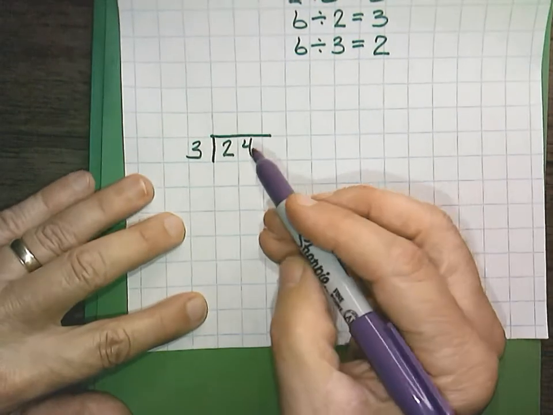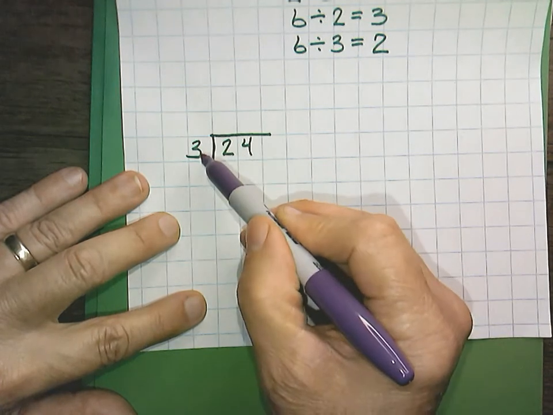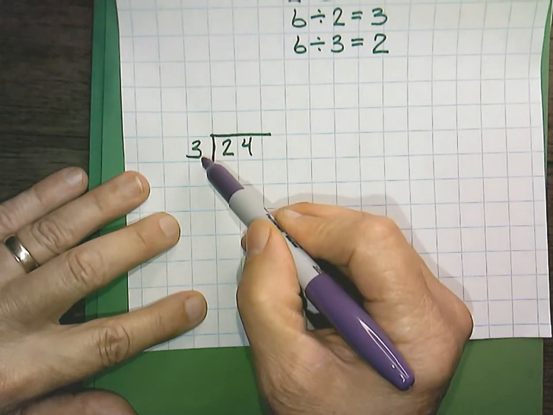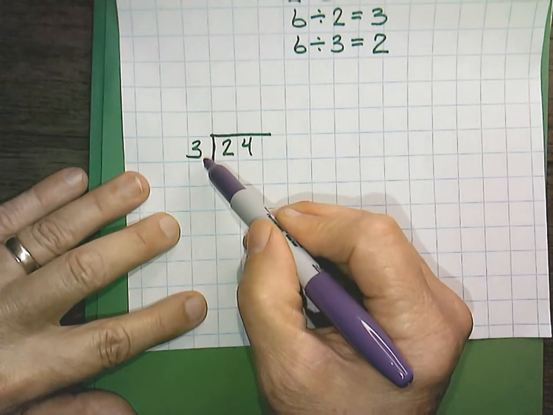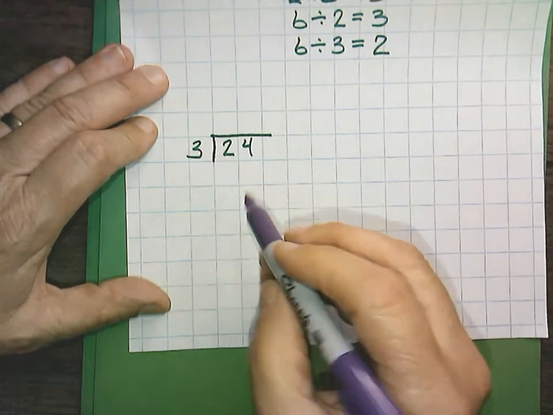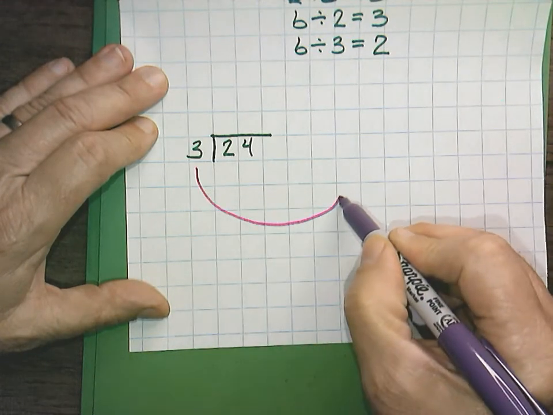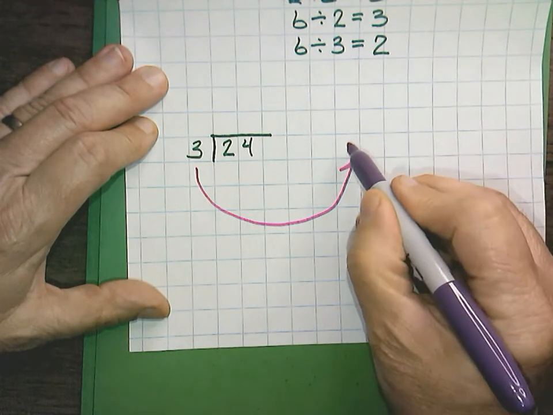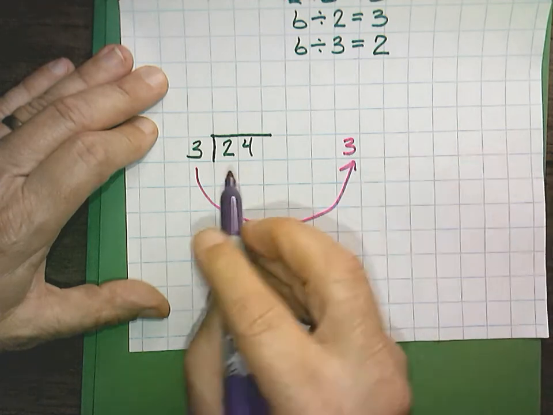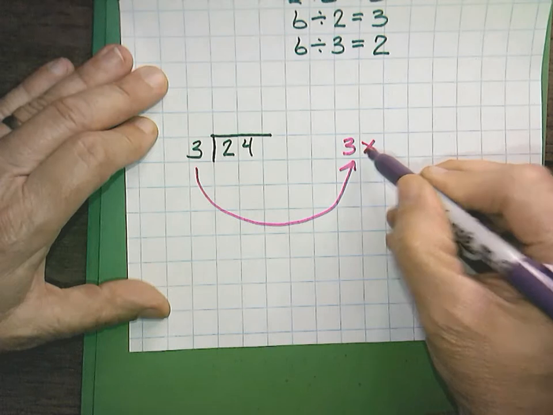So, for example, 24 divided by 3. I want to use multiplication to solve this division problem. And this is a division statement, so we want to create a multiplication equation.